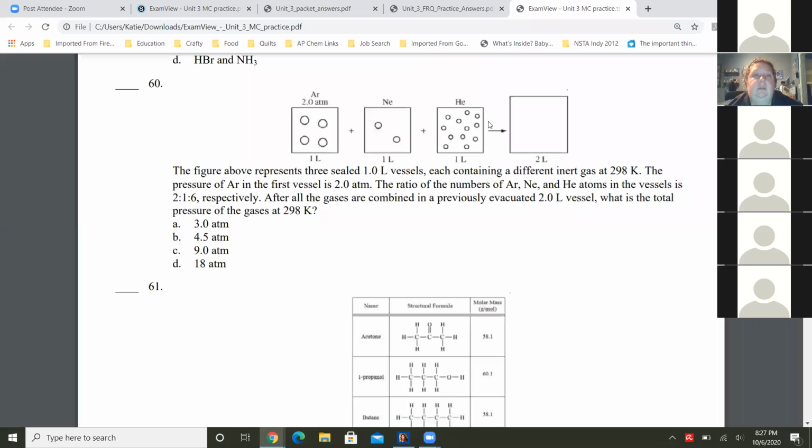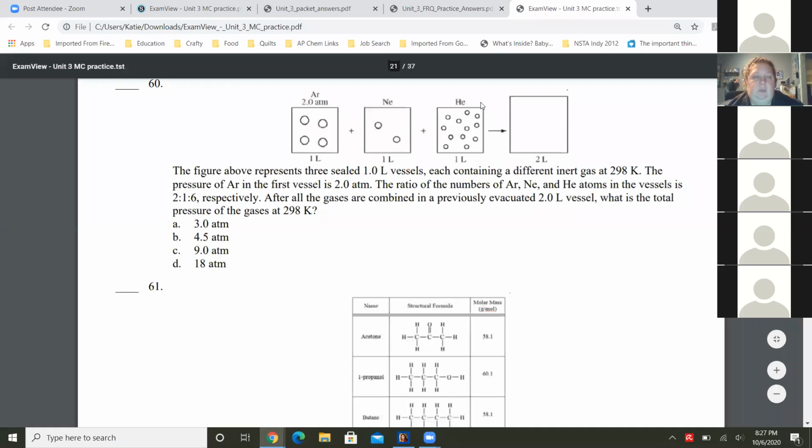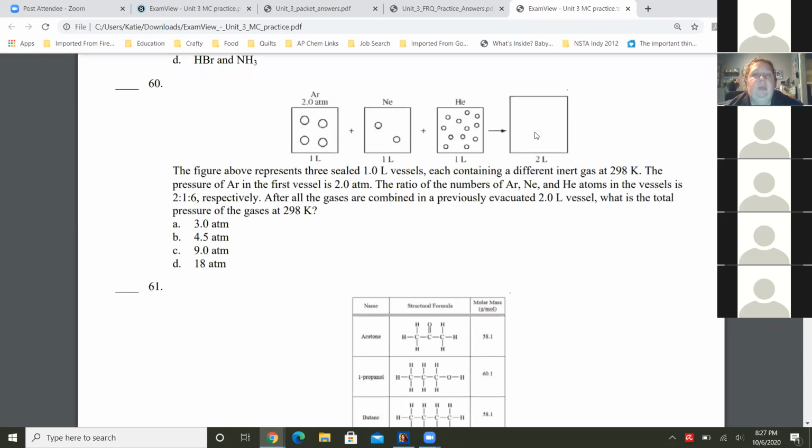Helium has 6 times as many particles as neon, so its pressure is going to be 6 atmospheres. Now, when we start mixing those together in this 2-liter container, because we're changing the volume of the containers, the pressure is going to change. For each one of these, going from 1 liter to 2 liters, we're doubling our volume, which means we are going to halve our pressure.